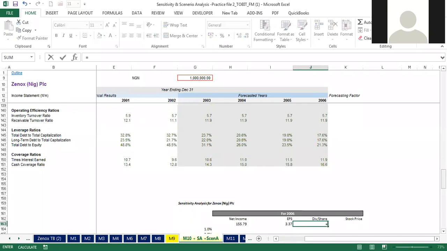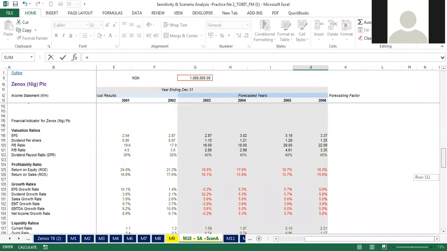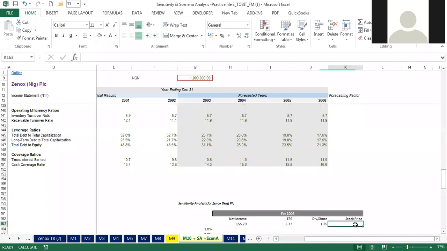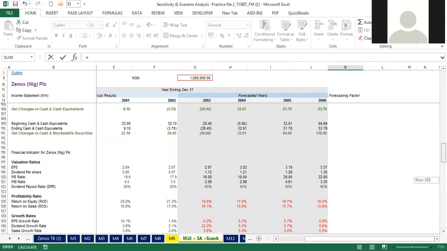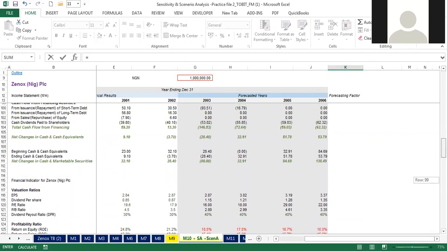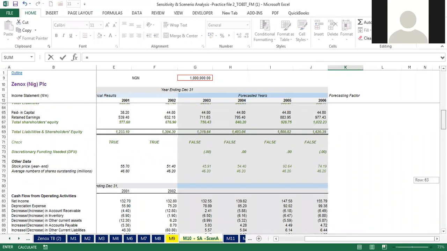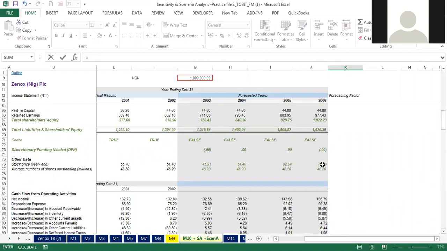So dividend per share for 2006, and finally stock price. Our stock price for year end 2006.